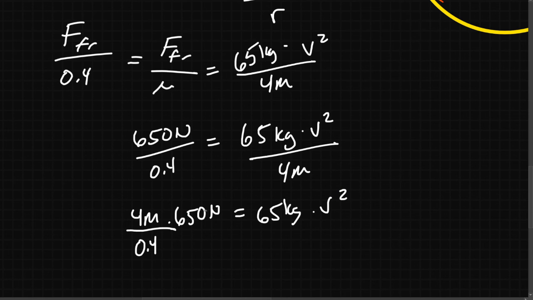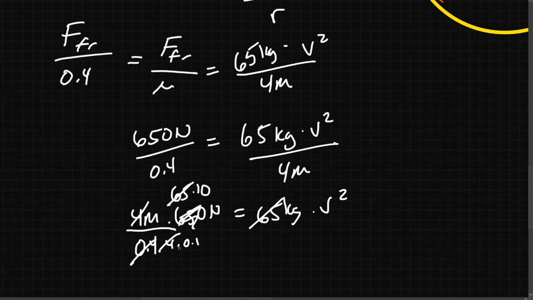This 650 is just 65 times 10, right? So if I cancel out the 65, I'm just left with the 10. This 0.4 is just 4 divided by 10. So if I do the 4, we keep the divided by 10. Here, let's think of it this way. 4 times 0.1.